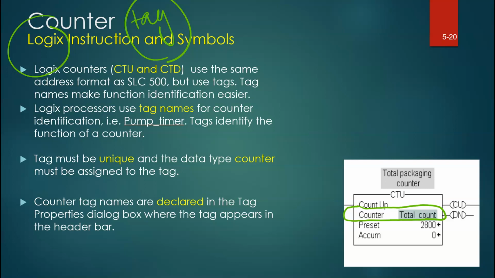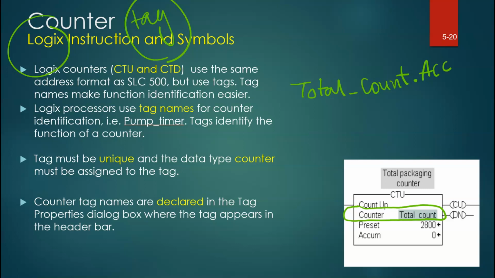Now, if you want to address the preset of this particular counter in a logic system, you have to use the tag name. Here the tag name is total underline count. If you want to address the accumulator, you have to use .acc.